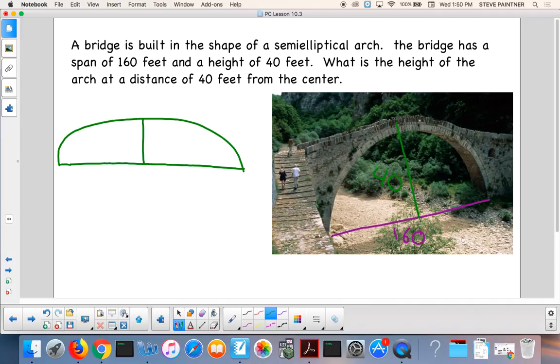Okay, remember with application problems, what do you have control over? Where you put the origin. Where should we put the origin here? Where the 40 and 60 lines intersect.